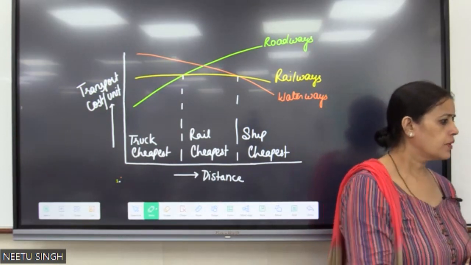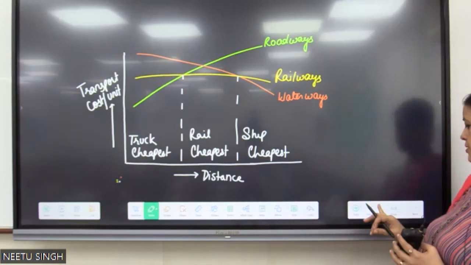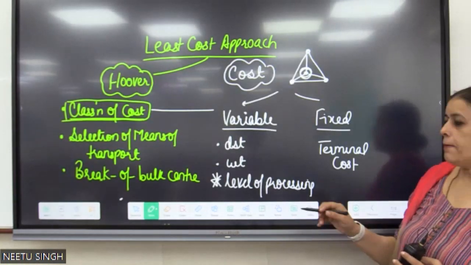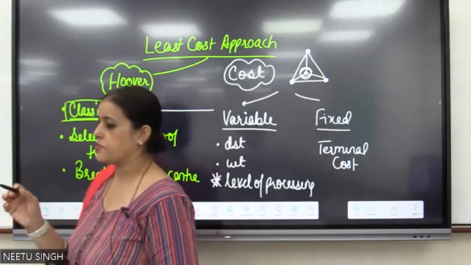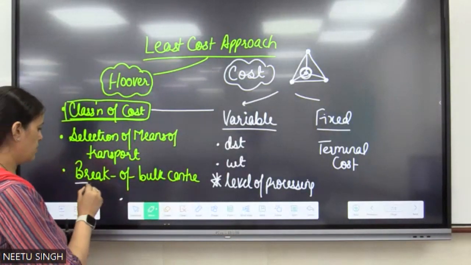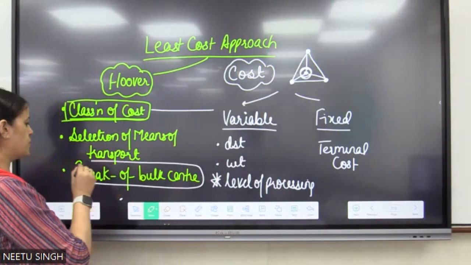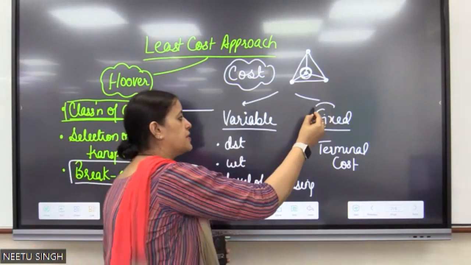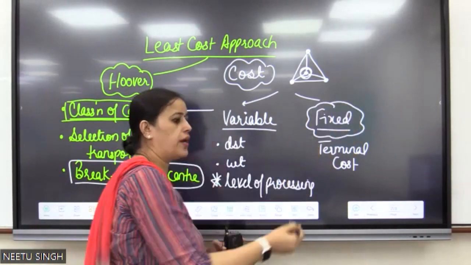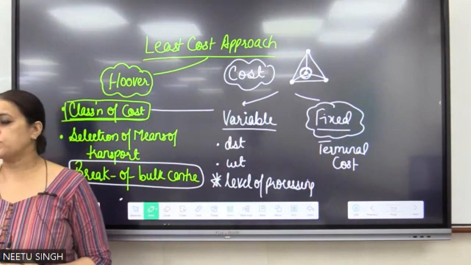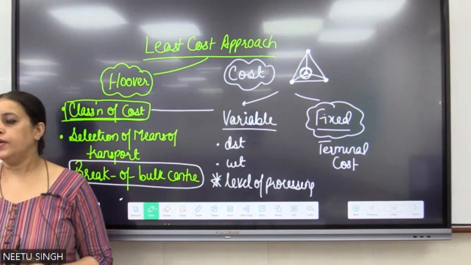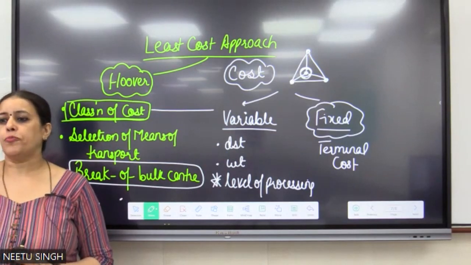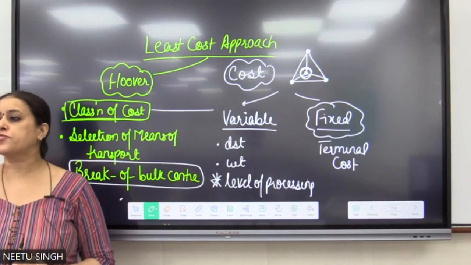See the practicality of the concept. Going to the previous page. Break of bulk centers. Hoover was the scholar who very strongly said, minimize the terminals in your production process, because the more terminals you add, the more the cost of production, and it is not going to be least cost.